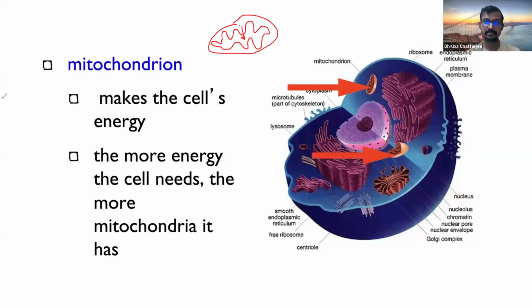So basically, the eukaryotic cells also have extra chromosomal DNA. I mean, the chromosomal DNA is not the only genome of the eukaryotic cell. The mitochondria has a DNA of its own, as well as some ribosomes of its own, and some of the mitochondrial proteins are expressed by the mitochondrial genes.